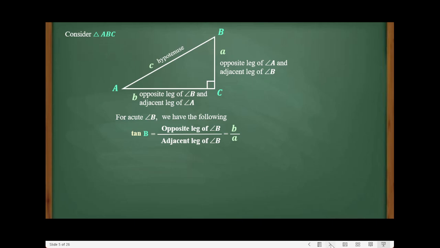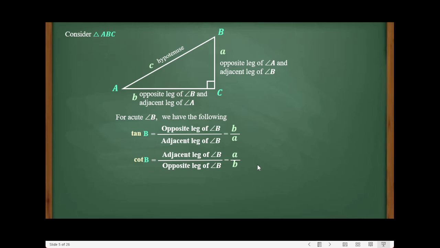And the cotangent of B is defined as the ratio of the adjacent leg of angle B to the opposite leg of angle B. In symbol, the adjacent leg of angle B is small letter a over the opposite leg of angle B, which is small letter b.